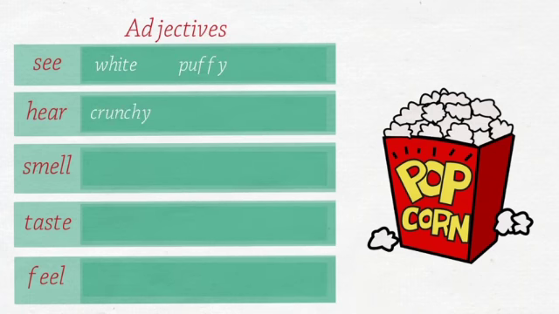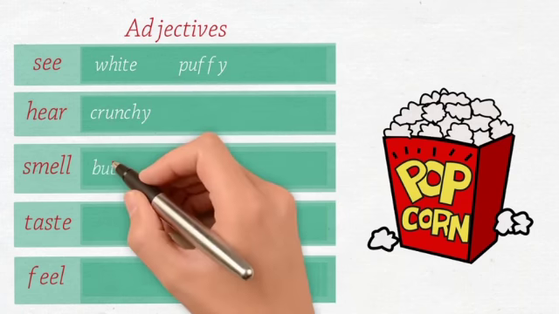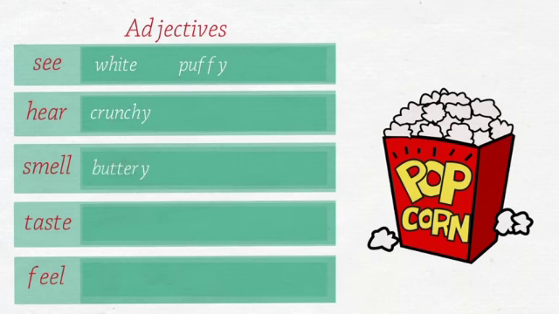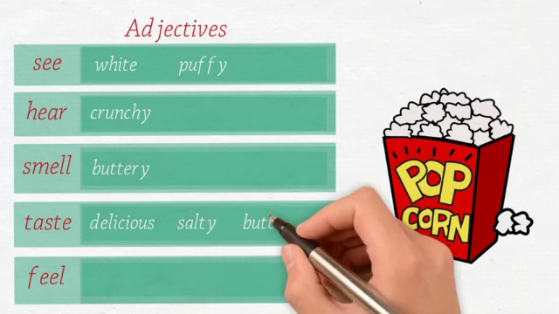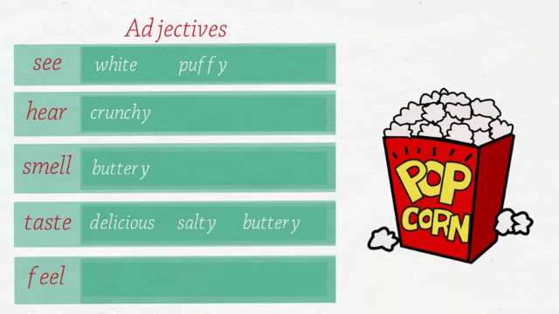They make a crunching sound. They smell buttery. The adjectives delicious, salty, and buttery can be used to describe their taste. To touch, they feel warm when they are fresh, and their texture is bumpy.